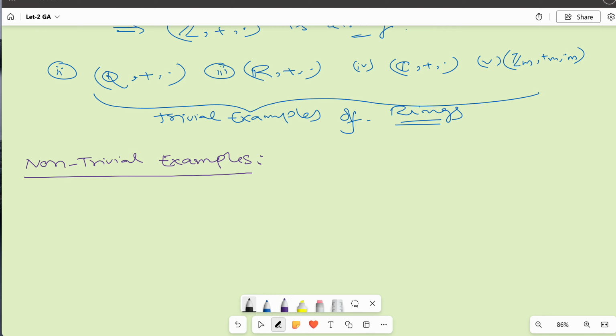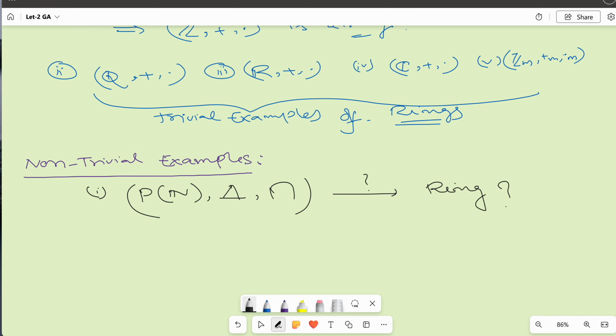Some non-trivial examples. What kind of non-trivial examples? First, you can take the power set of the natural numbers with respect to the symmetric difference, and the second operation intersection. This is a ring. Is it a ring?